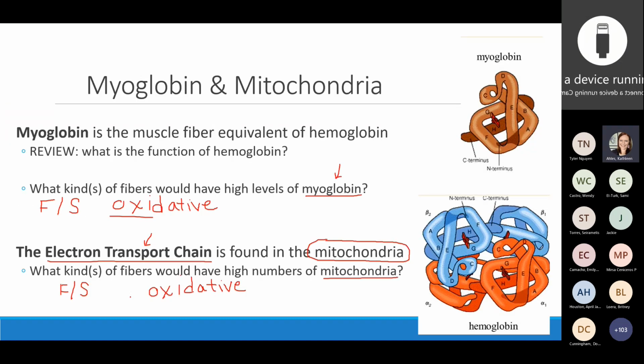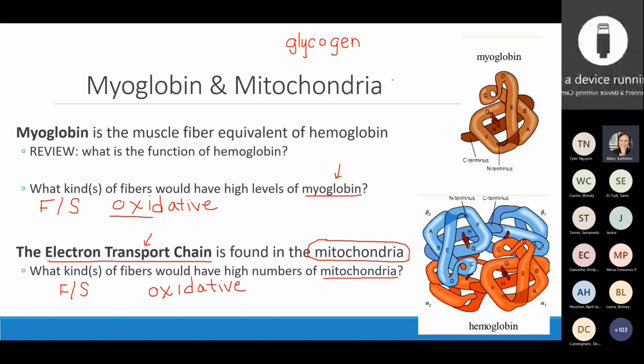The question I didn't ask you that we could also make a guess from this, what if I said which kind of muscle fibers would benefit from extra glycogen? What was my muscle fiber word that meant I use glycogen for energy? Do we remember that word?